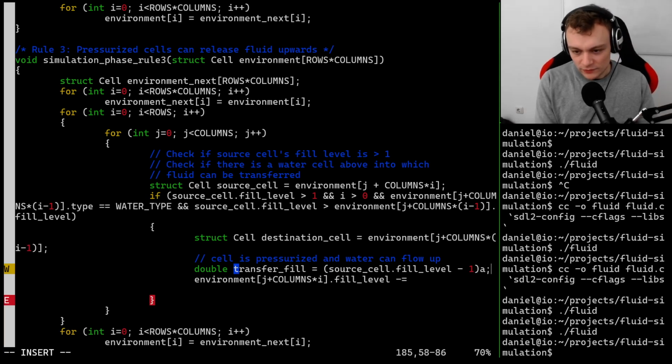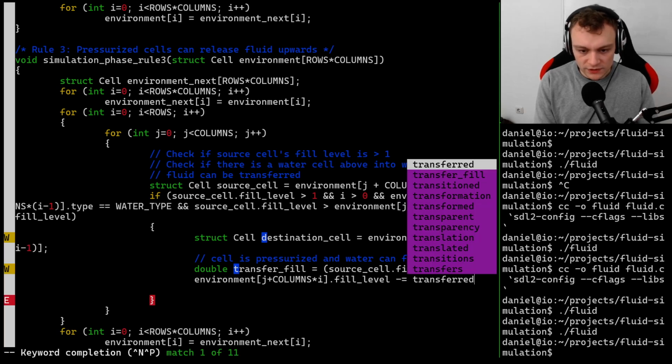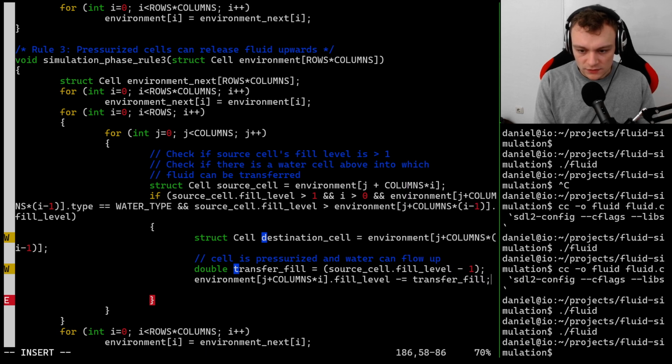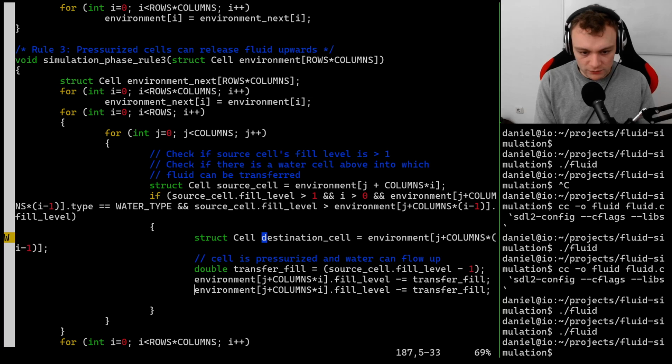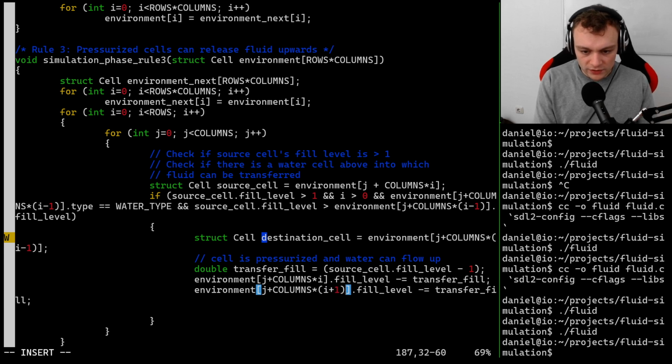Let's try it like that. That is going to be what we're going to transfer. And we decrement the source cell fill level by the transfer fill, and the destination cell fill level, we increment that by the transfer fill. And it's not I plus 1, it's I minus 1.